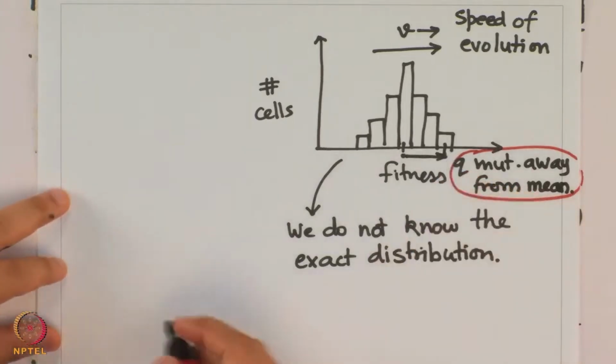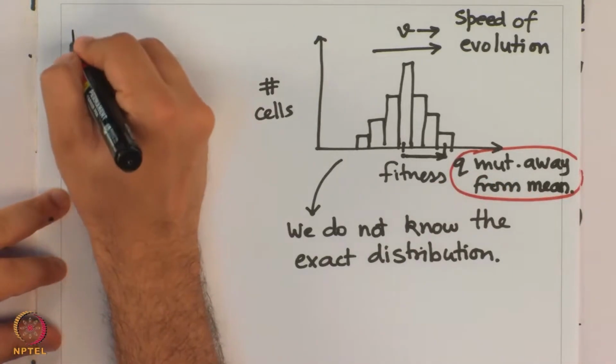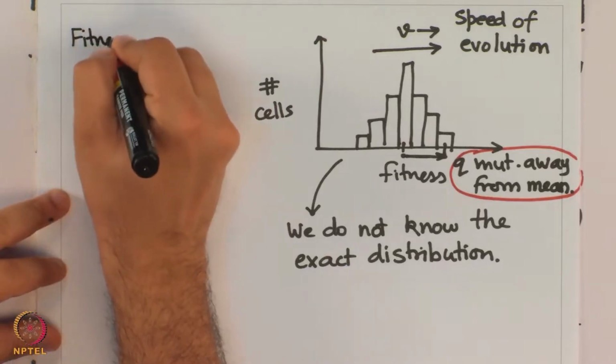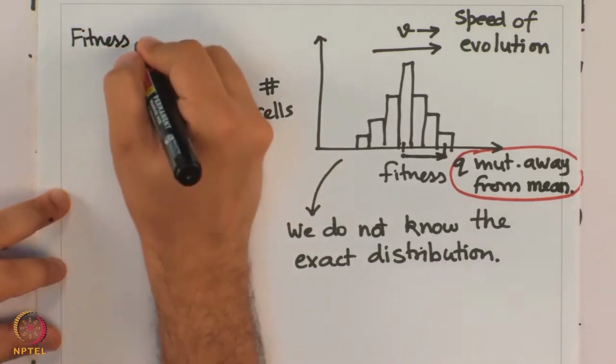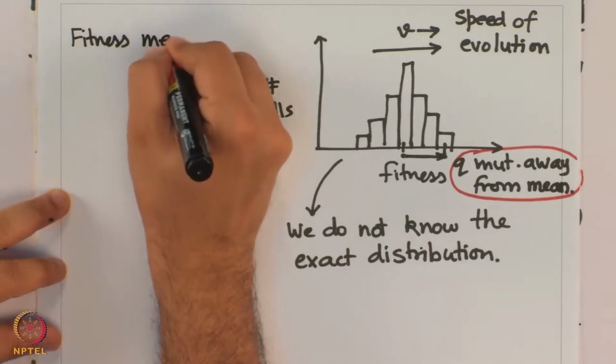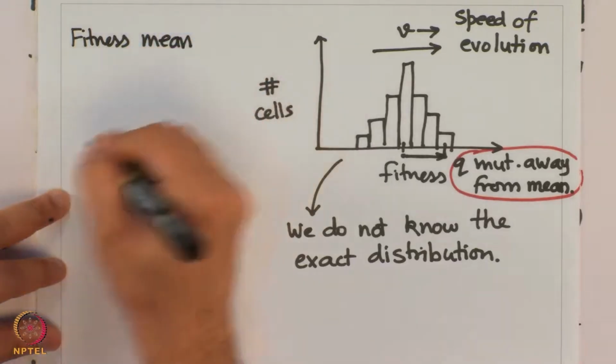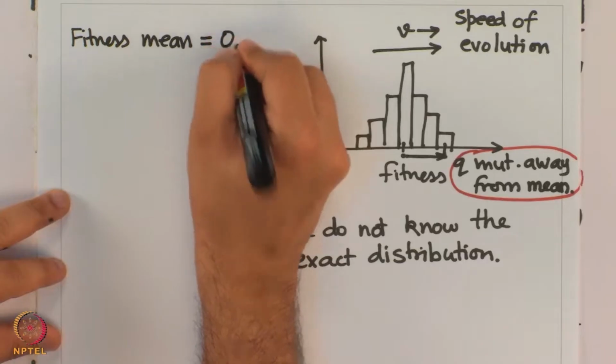And what that means is that for the fitness of the leading edge, I can normalize the fitnesses here. So, the fitness of the mean, let us say, is equal to 0.